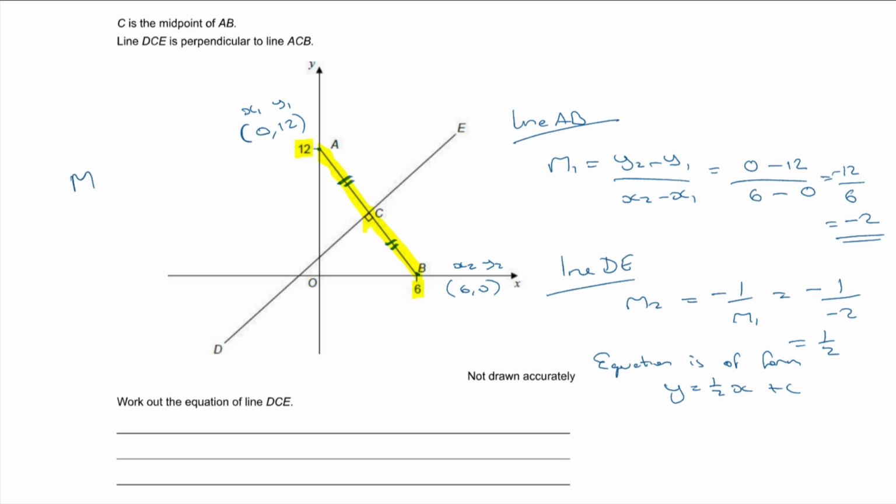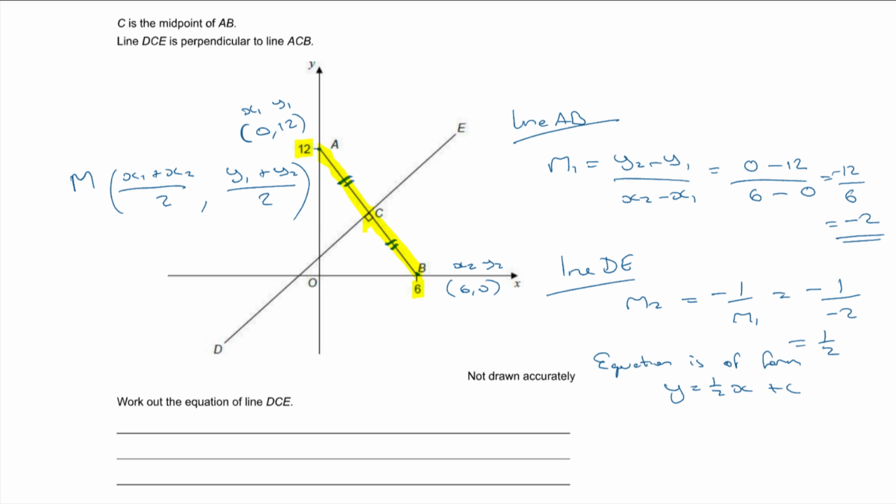Now you can find the midpoint of the line by averaging out your two coordinates. So if I take my two coordinates, x1 and x2, I add them together and divide by 2. So average my x coordinates and do the same thing with my y coordinates. y1 plus y2 over 2. Then that will give me the midpoint then, won't it? Okay.